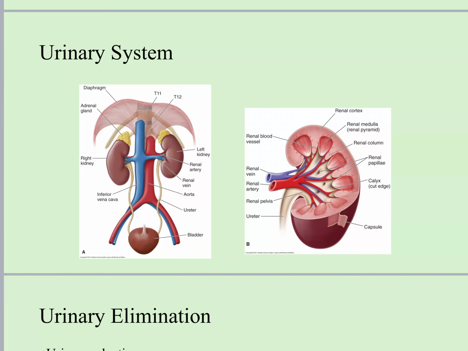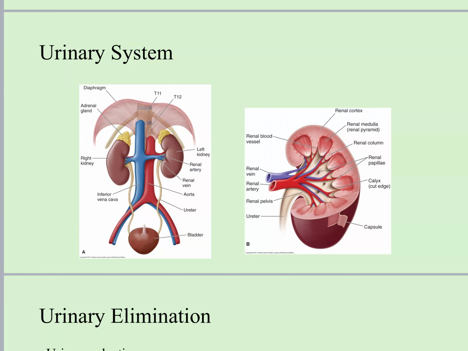The kidneys are surrounded by what's called a renal capsule, and that is just this very thick, tough connective tissue that surrounds the kidneys, and it's needed to protect the kidney from any trauma and infection. The kidney has a renal cortex that is the outer region of the kidney, and it's just below that renal capsule.